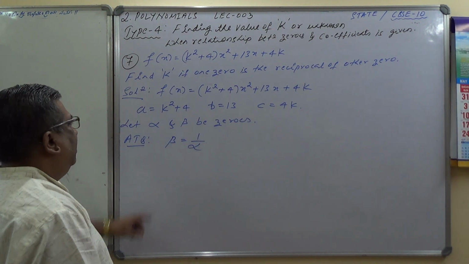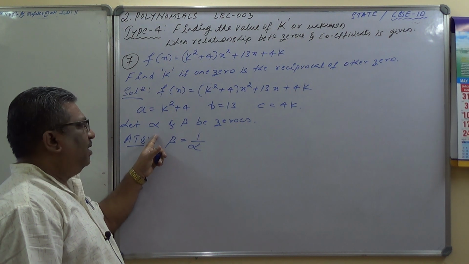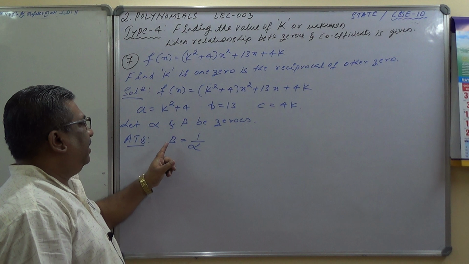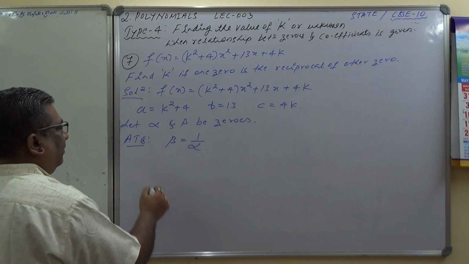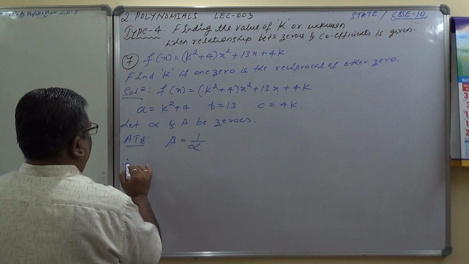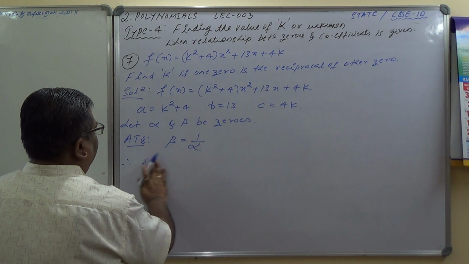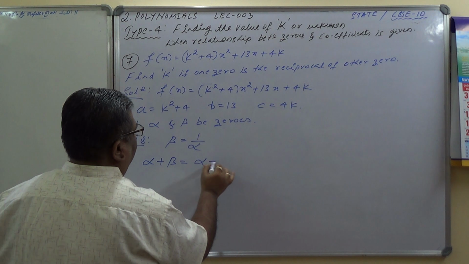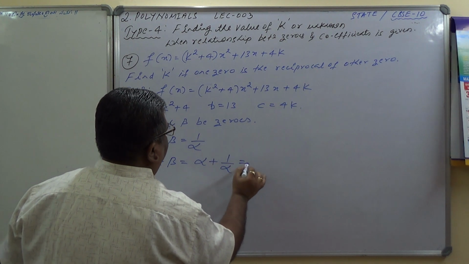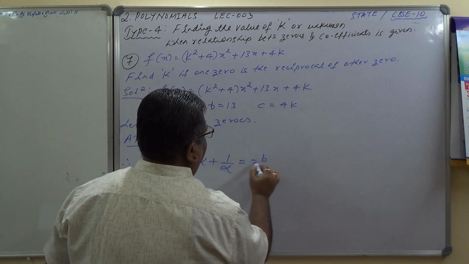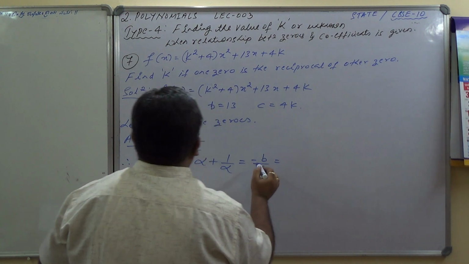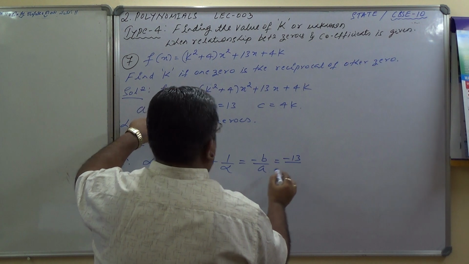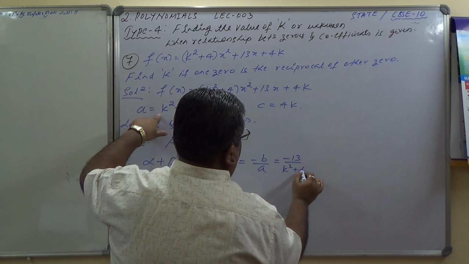Why is it so? If alpha is the zero, then the other zero is the reciprocal of the first zero, and therefore beta equals 1 by alpha. So the sum of zeros is alpha plus beta equals alpha plus 1 by alpha equals minus b by a, which is equal to minus 13 divided by k square plus 4.